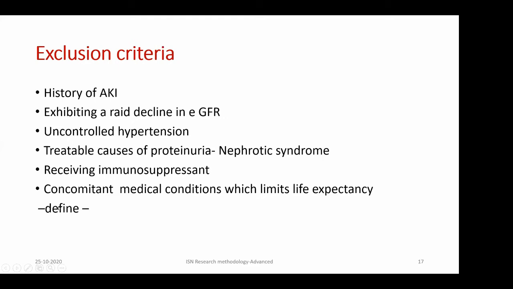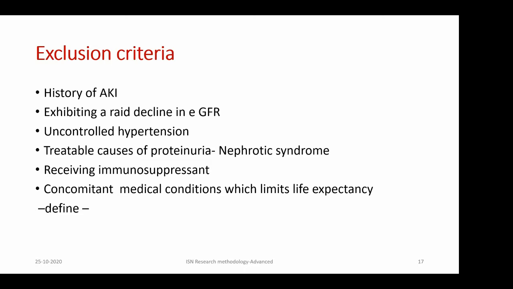Now, exclusion criteria. I was talking about the recruitment of incident versus prevalent chronic kidney disease. So you can either state in the inclusion criteria that you are going to recruit prevalent chronic kidney disease, or you can put it in the exclusion criteria in such a way that you are not going to recruit any incident chronic kidney disease.